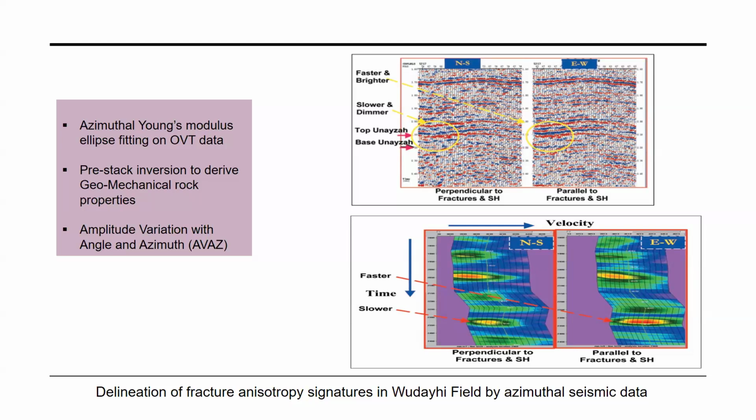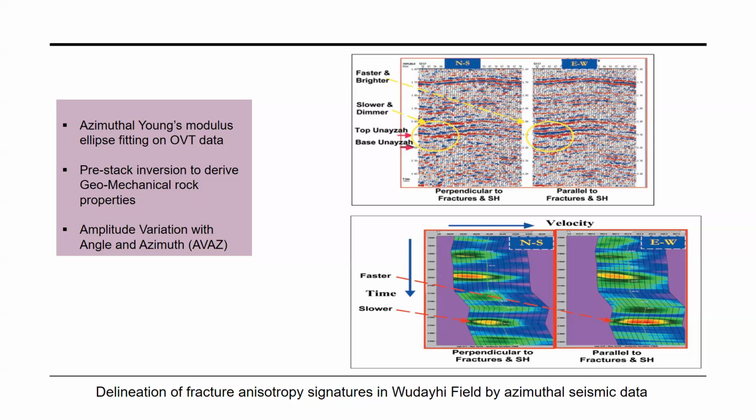In a particular pre-stack stack, they do the inversion to generate rock physics or petrophysical parameters like bulk modulus and Young's modulus. After that, they use an algorithm called ellipse fitting to understand the orientation and the intensity of fractures.